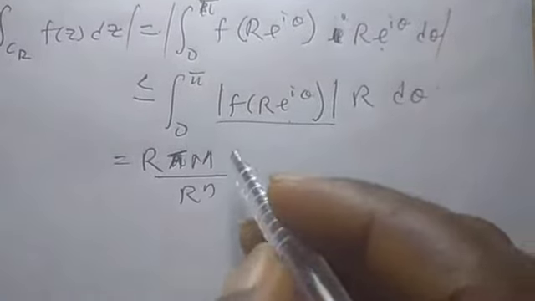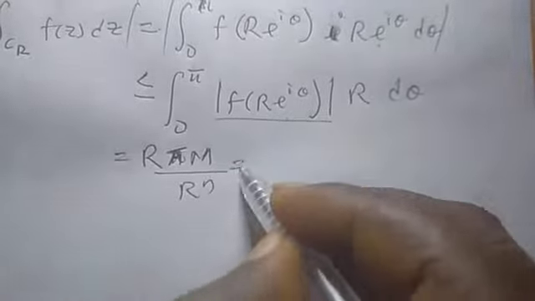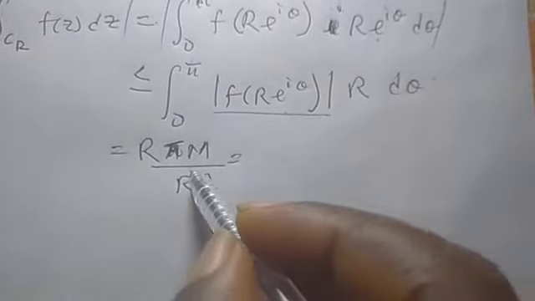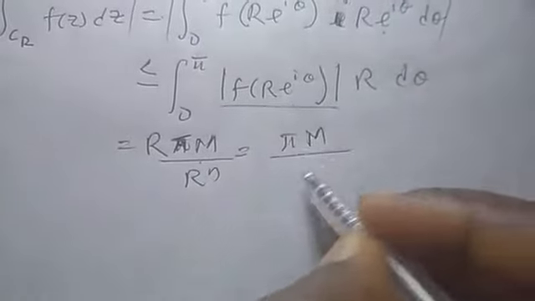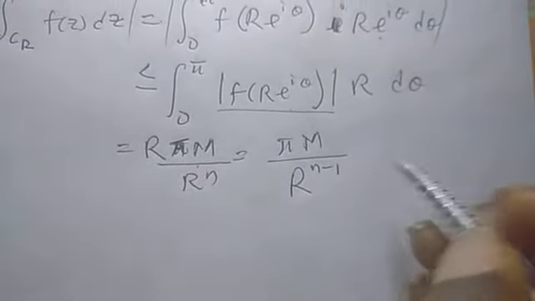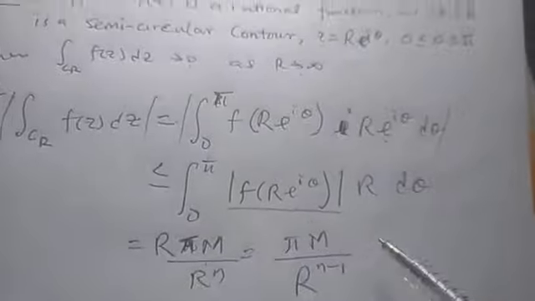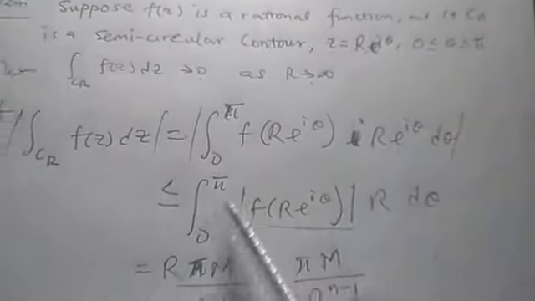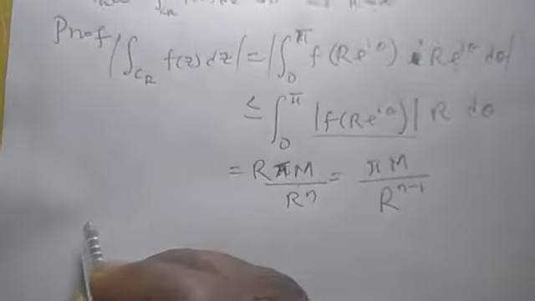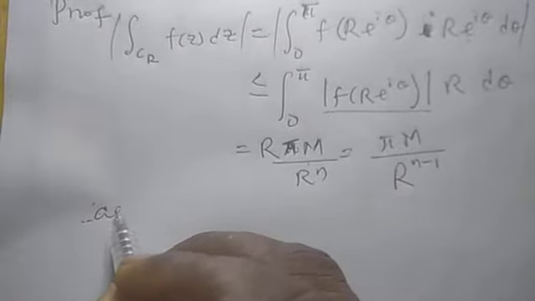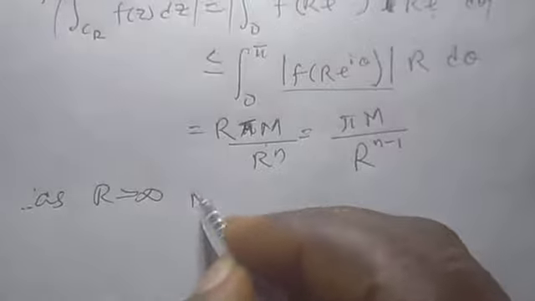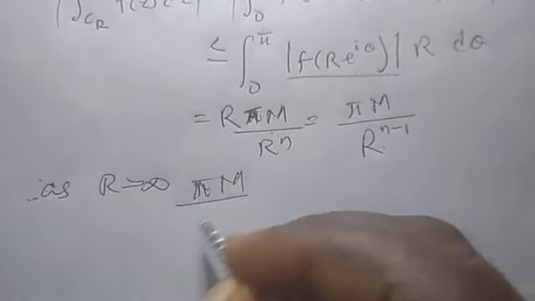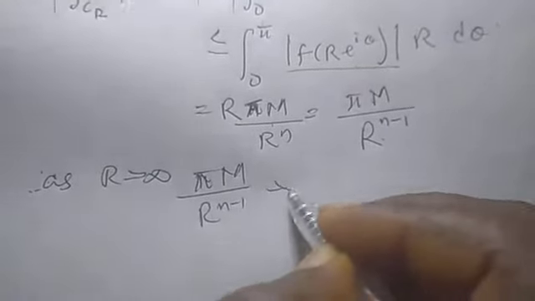The pi will be there when we apply Cauchy's inequality. So we get this. Finally, our answer is pi M over R raised to power n minus 1. So that is the integral. Now, as R tends to infinity, when we take the limit, pi M over this will tend to 0.